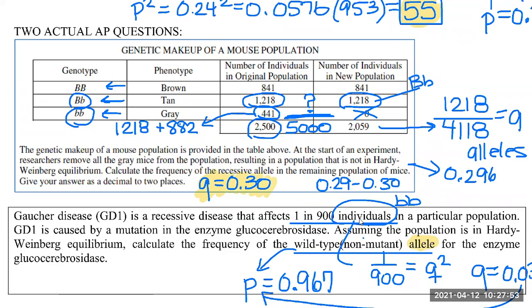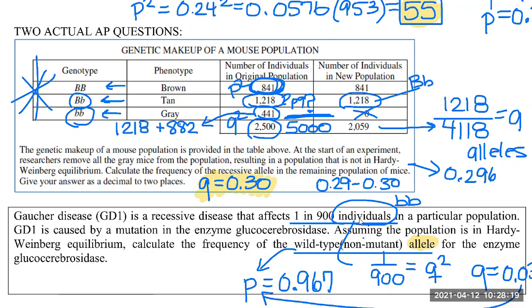So bottom line, if they tell you the population is in Hardy-Weinberg equilibrium, and to be honest with you, in 30 years of teaching, this is the only time I've ever seen a question where the population wasn't in equilibrium. If it is in equilibrium, you can use the formula. You could get Q and P just by, this would be P squared, this would be Q squared, this would be 2PQ.